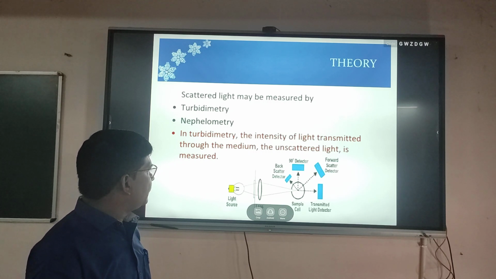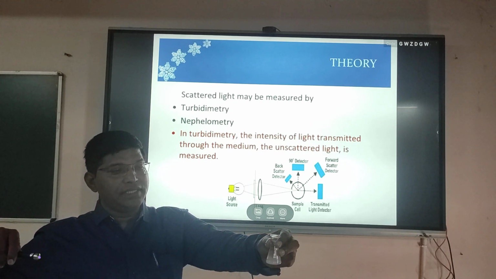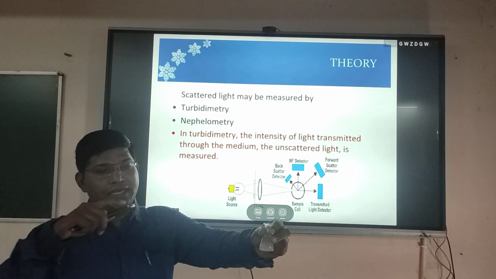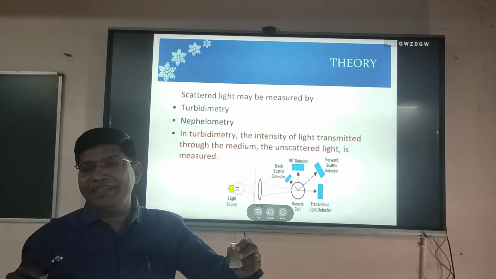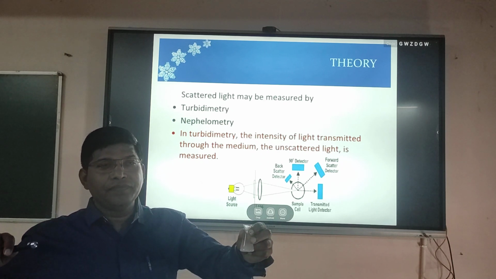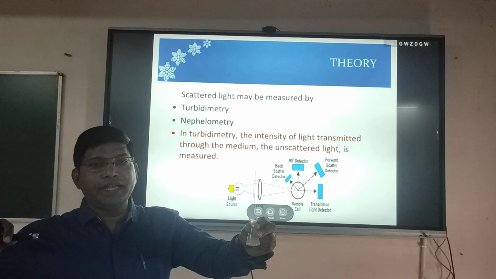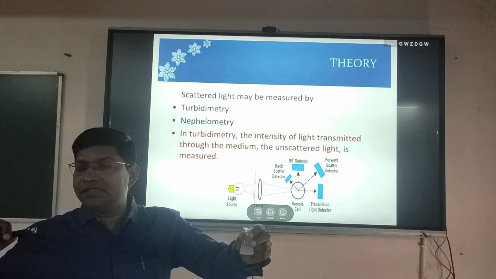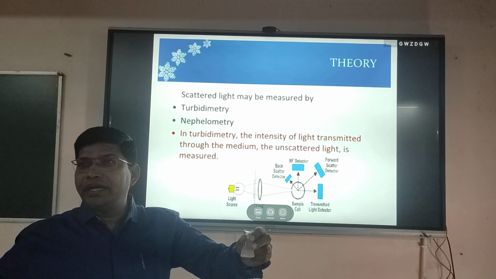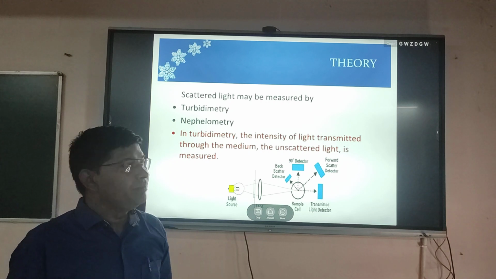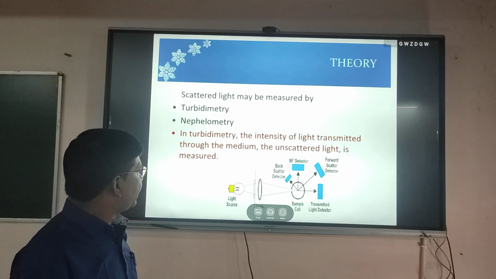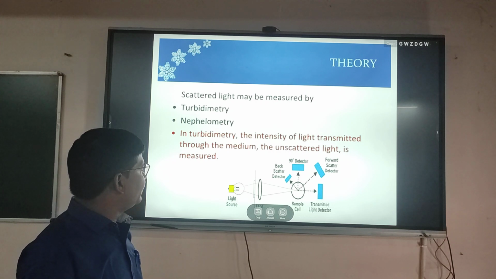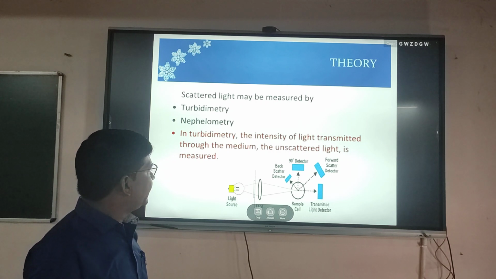When I am passing light to the turbid solution, in the sense that the solution has suspended particles, with size from a nanometer to micrometer, some of the light is scattered at 90 degrees or different angles.